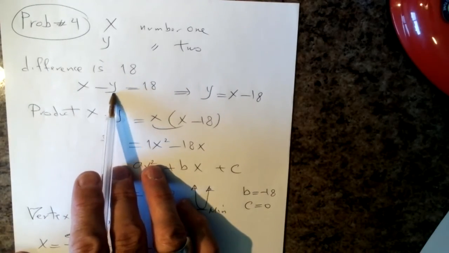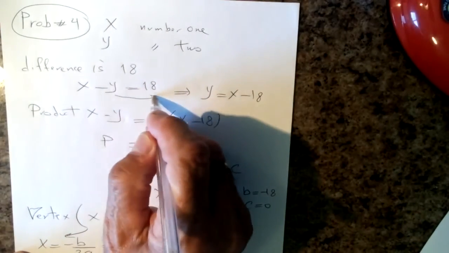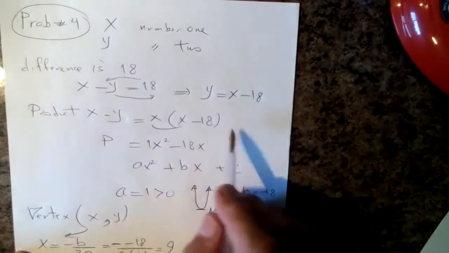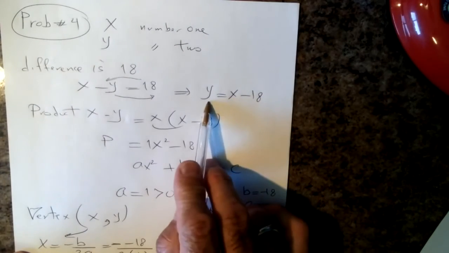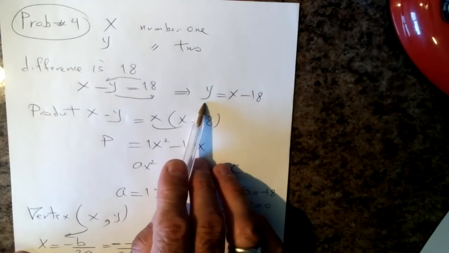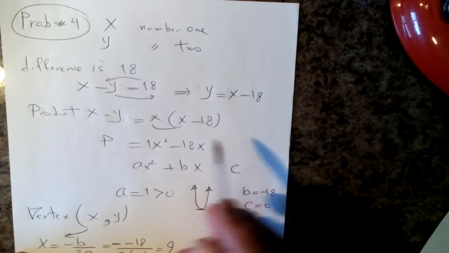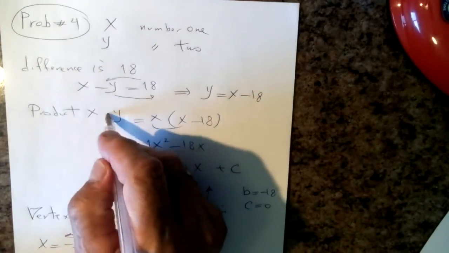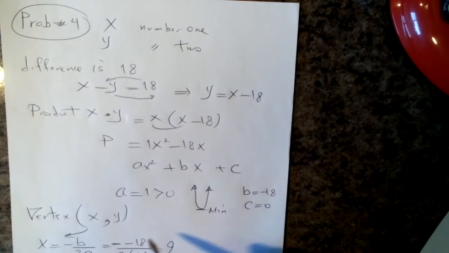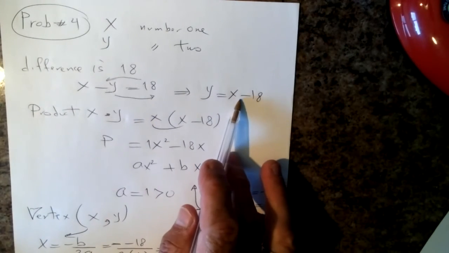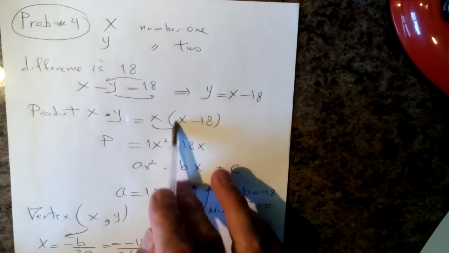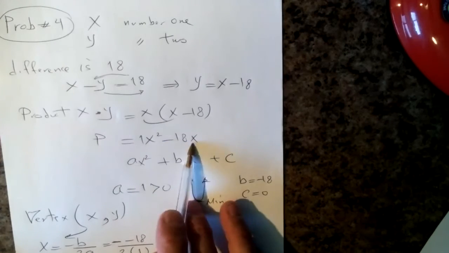So in that case, if I move y to this side and 18 to that side, it would be x minus 18 is equal to y. Minus y goes to that side as positive y, 18 goes to the other side as negative. So now the product is x times y. Y is x minus 18. So you substitute that here, you multiply.